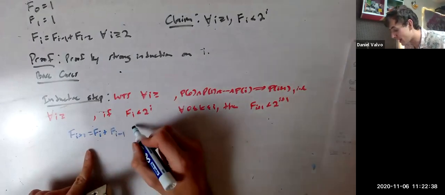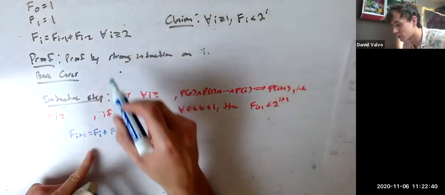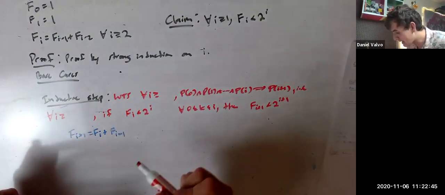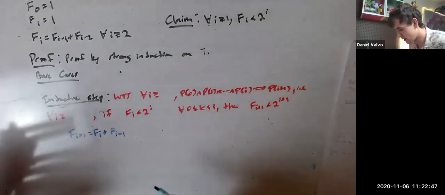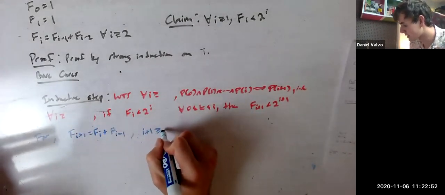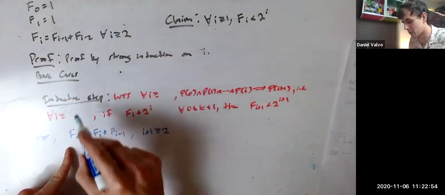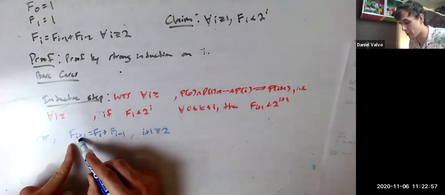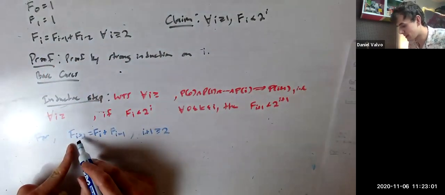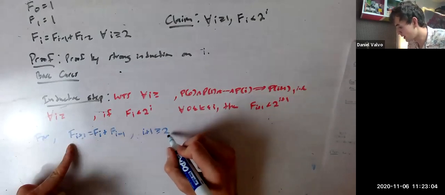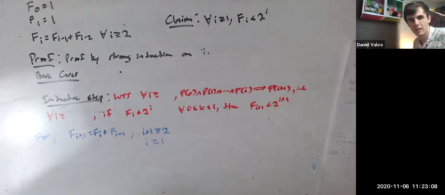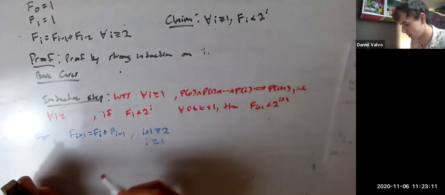In order for us to do that, remember, this recursive relation holds for all i greater than or equal to 2. So for this to be true, i+1 has to be greater than or equal to 2. The index has to be greater than or equal to 2. If i+1 is greater than or equal to 2, that means i is greater than or equal to 1. This holds for all i greater than or equal to 1.